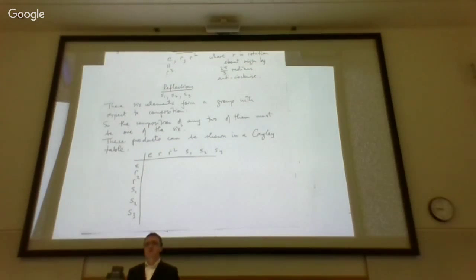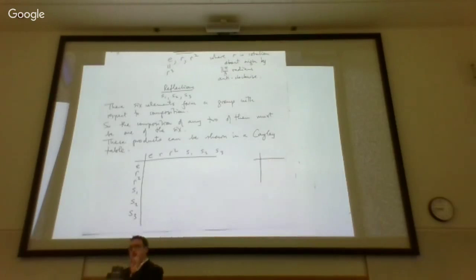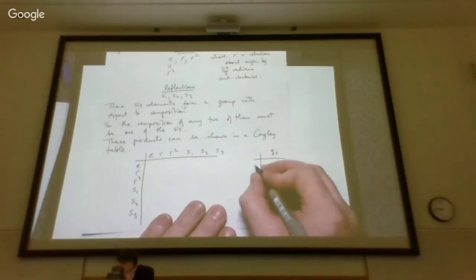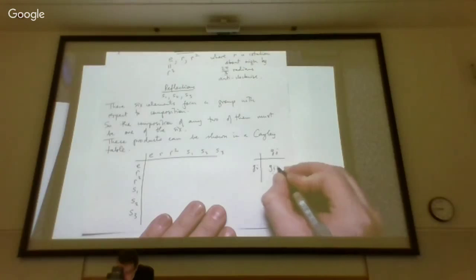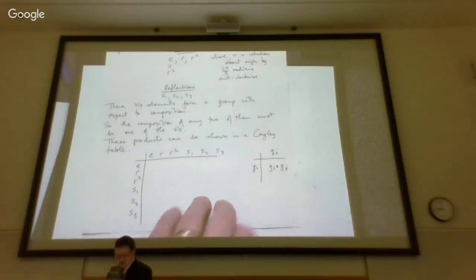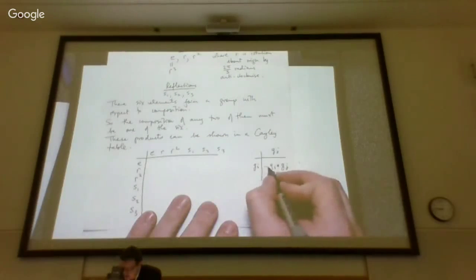So here's our group. Now, in a Cayley table, because we're dealing with function composition, which is not commutative, we have to be a bit careful about what we mean. So if we've got an element Gj here, an element Gi here, the entry that goes, we use the same indexing that's used in matrices.